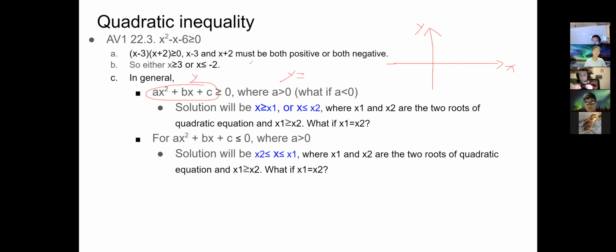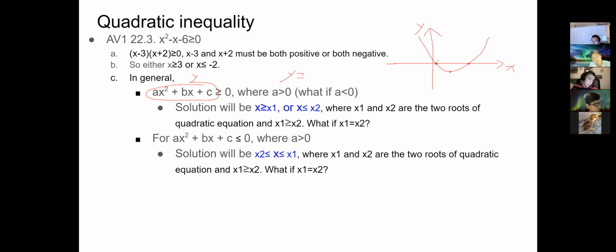Now how does the graph look like? It'll be something like this, right? So it will have some kind of minimum value, and it will touch the x horizontal axis at 2 points. These 2 would be the roots, right? Because this is when y equals 0.